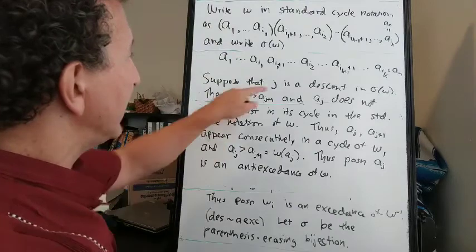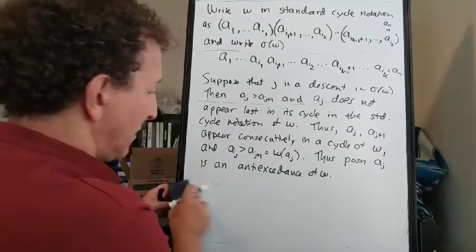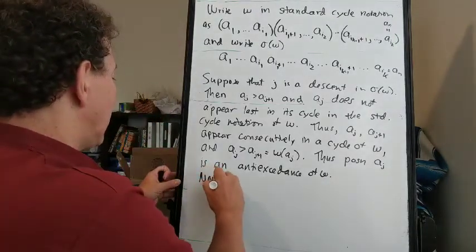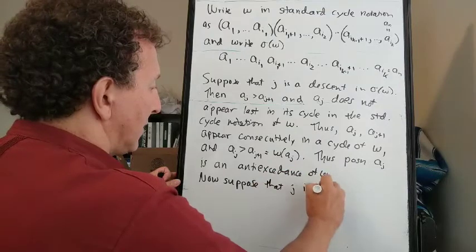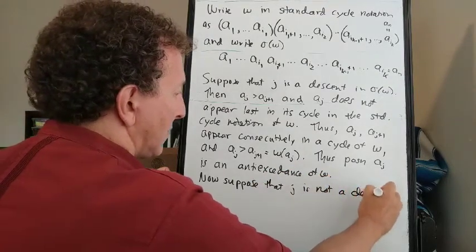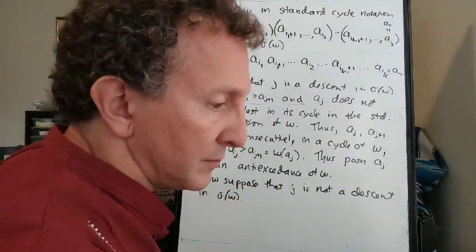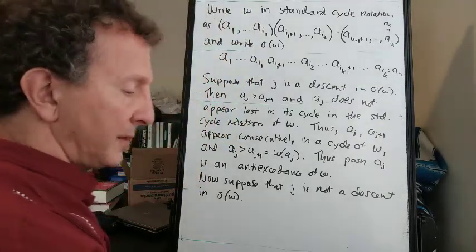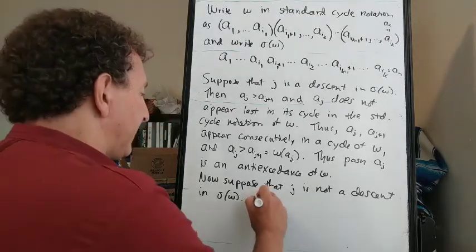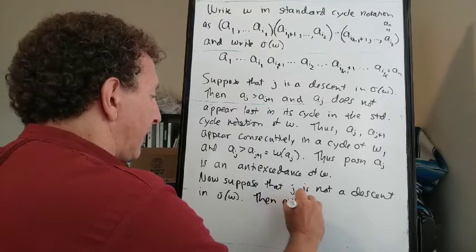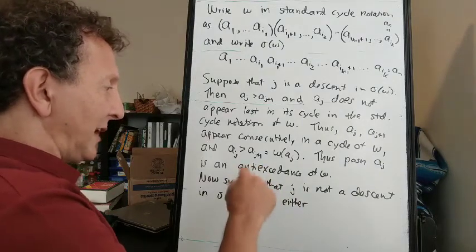So now let's suppose that J is not a descent in sigma of W. If J is not a descent, it means that what comes after AJ is bigger.